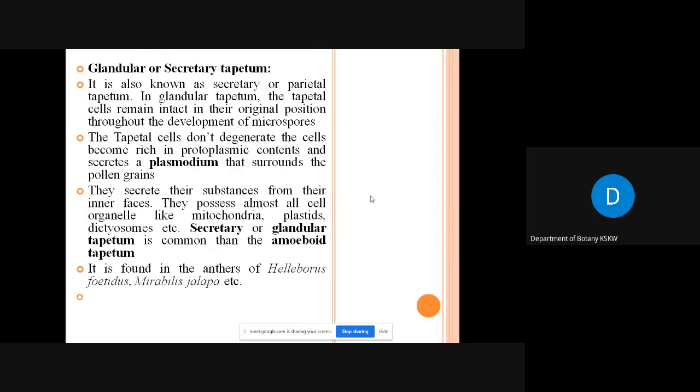Instead, they will secrete the protoplasmic content that surrounds the pollen grains. The secretion will provide nutrition to the developing pollen grains.